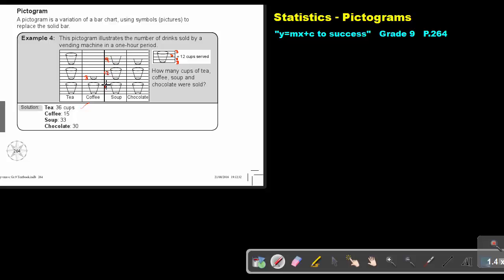So it's 12 plus 12 plus 9, which gives me 33. And then these two lines will represent 6, so this will be 12 plus 12 plus 6, which gives a total of 30. So tea was 36 cups, coffee 15, soup 33, and chocolate 30.